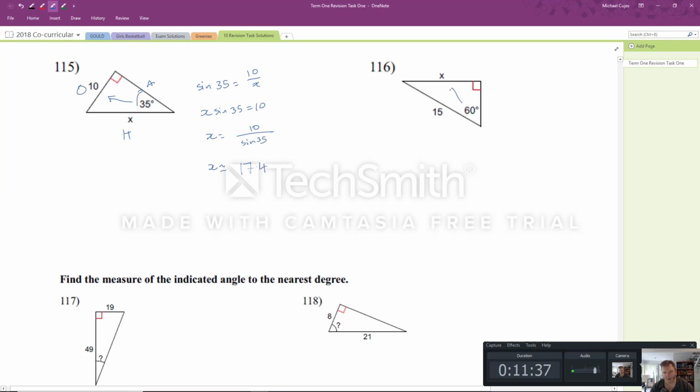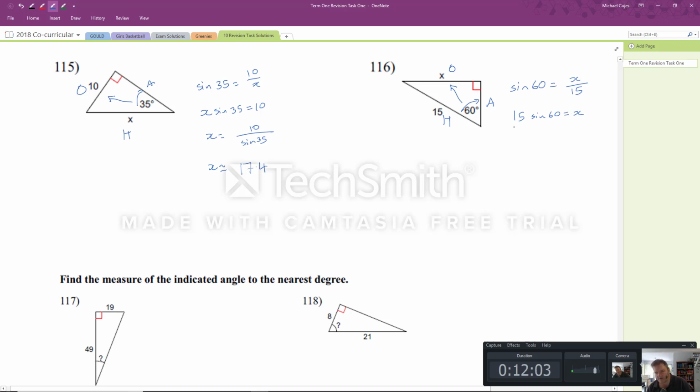Here we go again. Oh my goodness, they randomly chose the sine ratio frequently here, but it's the same whichever ratio you're using. The important bit is to get in the habit of choosing appropriately. So opposite and hypotenuse, this is sine of 60 equals the opposite side divided by the hypotenuse. So I multiply by 15, I've got 15 sine 60 equals x.